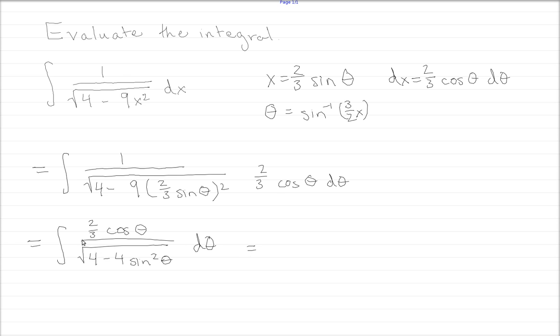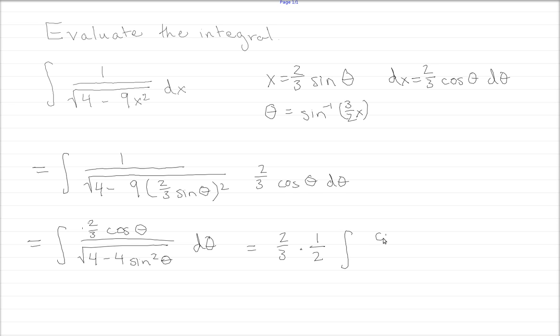So now I'm just going to pull a couple of constants out front. So first I'll pull out this 2/3 here, and then I've got a 4 in my square root on the bottom, so if I pull that 4 out, the square root of 4 is 2, and it's on the bottom, so I multiply by 1/2.